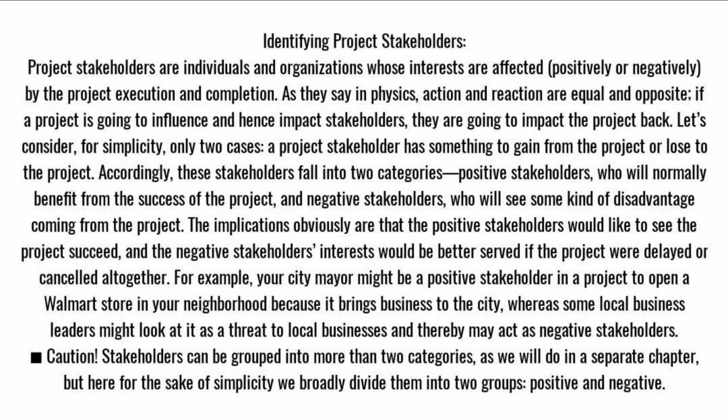A project stakeholder has something to gain from the project or lose to the project. Accordingly, these stakeholders fall into two categories: positive stakeholders, who will normally benefit from the success of the project, and negative stakeholders, who will see some kind of disadvantage coming from the project. The implications obviously are that the positive stakeholders would like to see the project succeed, and the negative stakeholders' interests would be better served if the project were delayed or cancelled altogether.